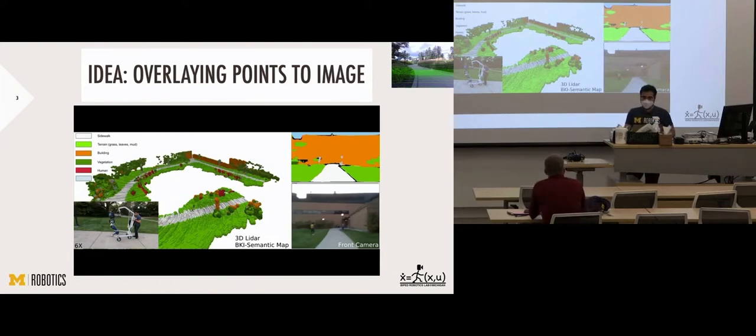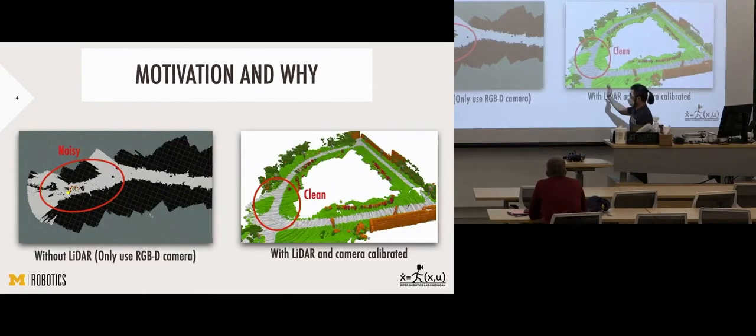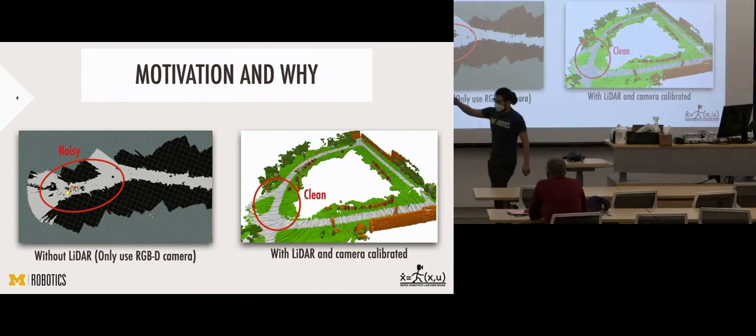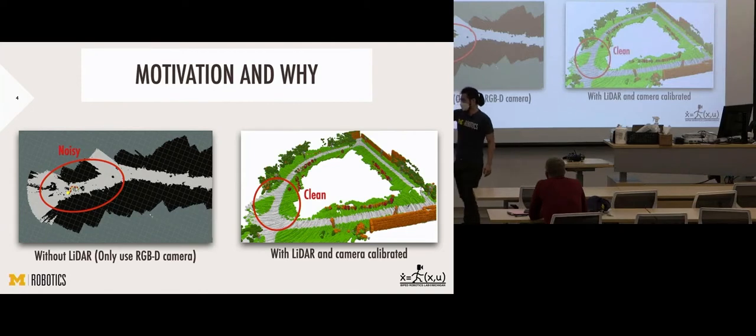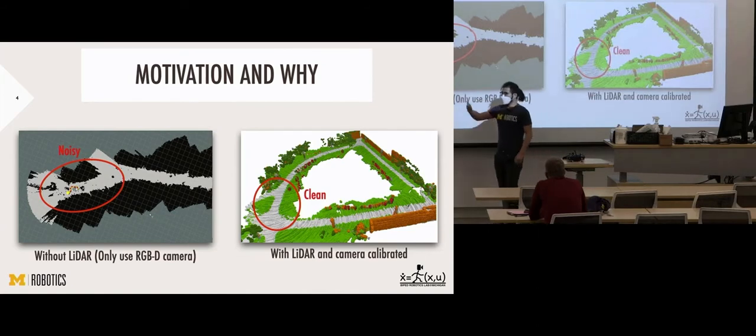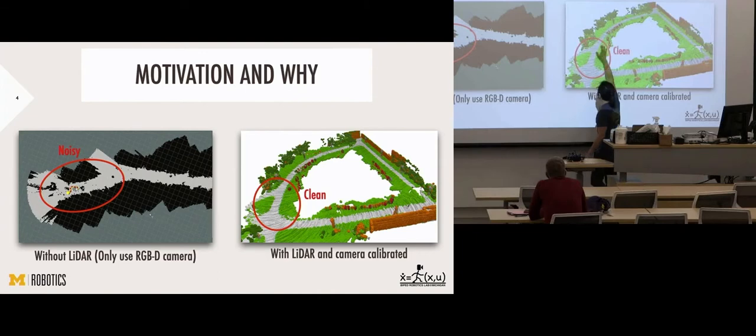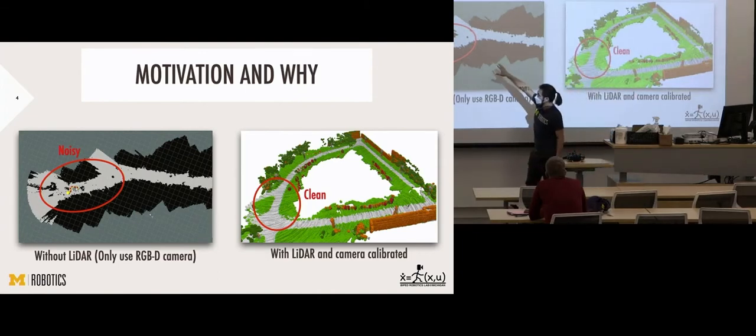And you might ask, what's the benefit of it? There are several types of sensors. For example, this camera is actually an RGBD camera, which means that it doesn't only give you the RGB, but also gives you the point cloud. And we directly have that already. Why do we need to use LiDAR? Because LiDAR gives you a crisp, clean measurement like this. And for this, you can see it's really noisy if you just use an RGBD camera.